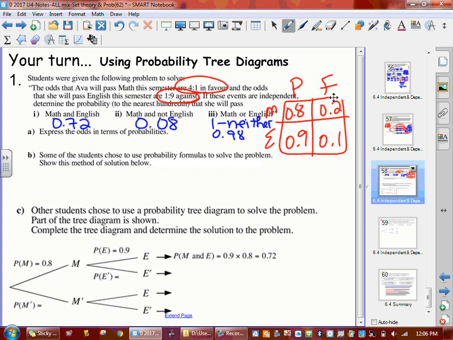In probabilities, passing, 4 out of 5 is 0.8. 9 out of 10 is 0.9. That's how I got the 0.8 and the 0.9.